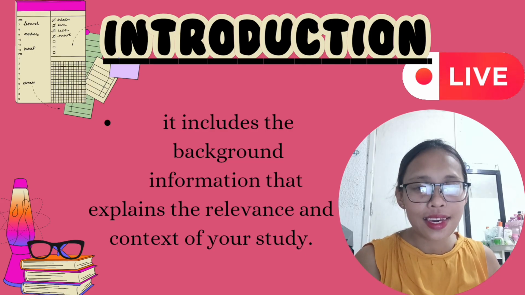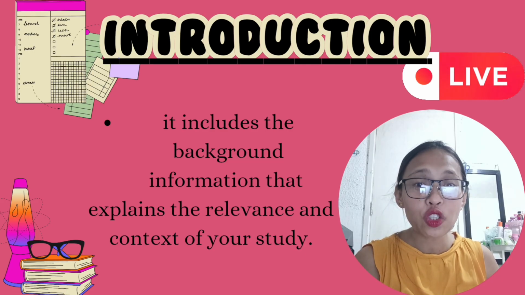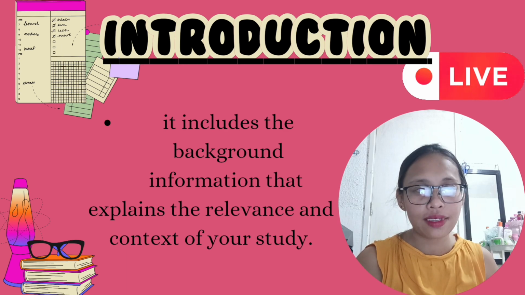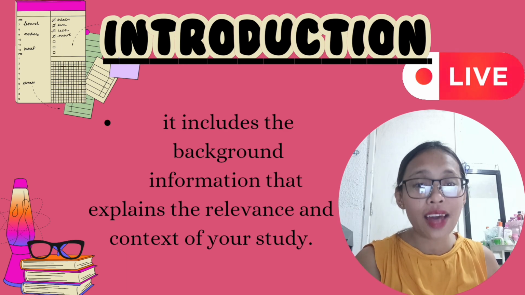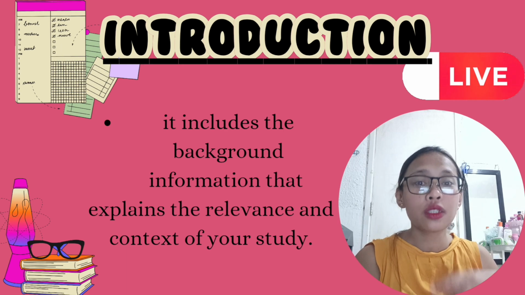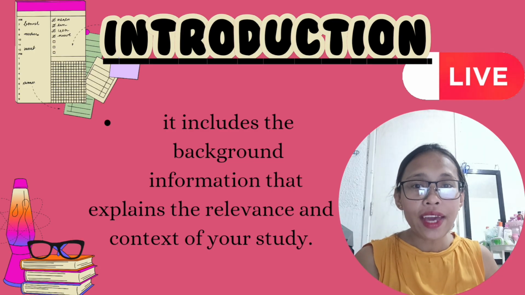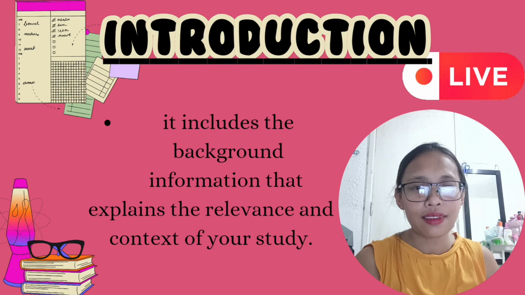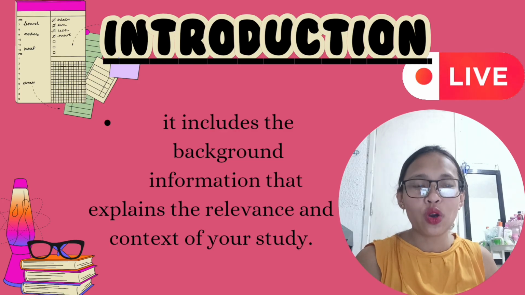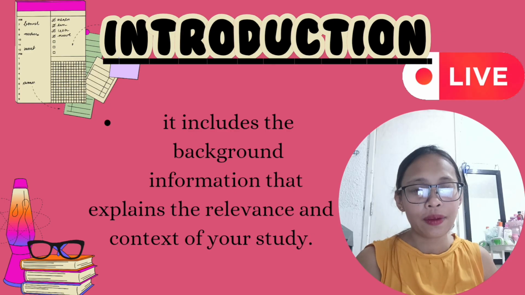The second is to state the research problem or questions. Clearly show what the study wants to solve or to discover. Third, explain the purpose and significance. Tell why the research is important and what contribution it can make.